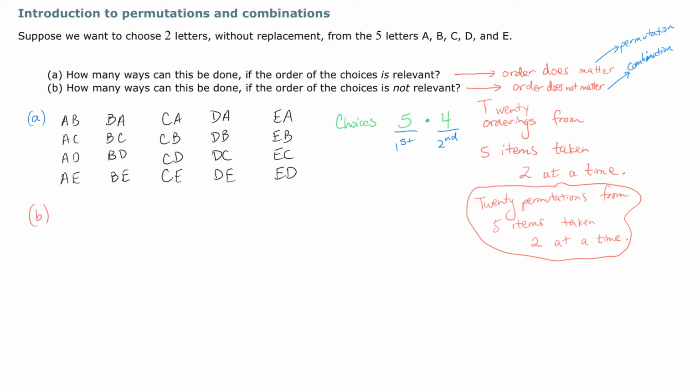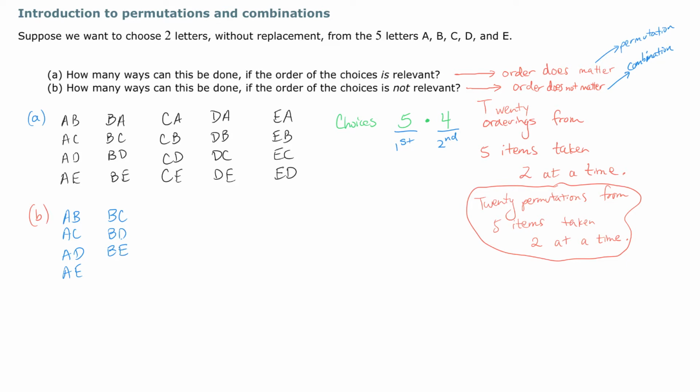We just got to make sure to realize that the order doesn't matter. So let's try AB, AC, AD, AE. Now, for the next thing, when we start with B, we don't count BA because we already counted that in the first grouping. So we're going to count BC, BD, and then what? BE.